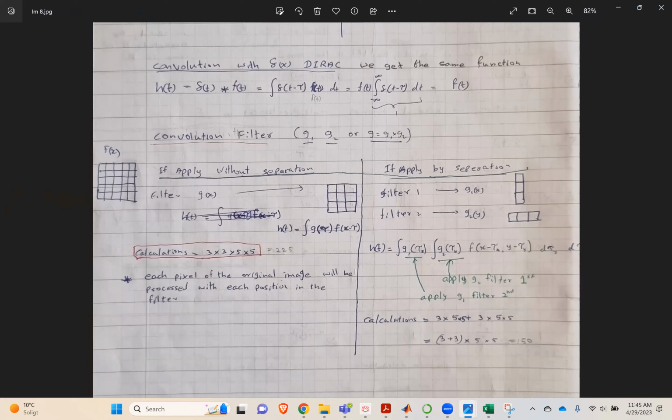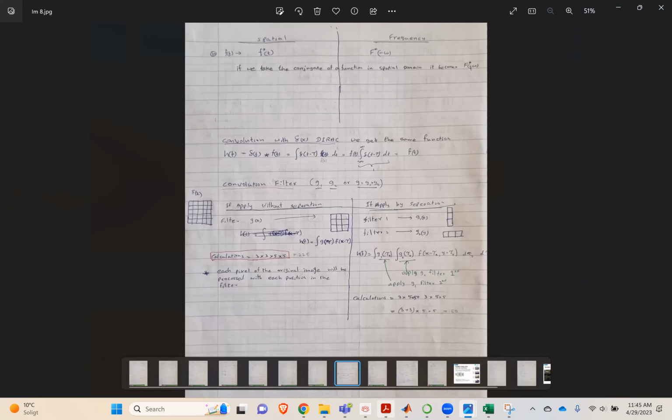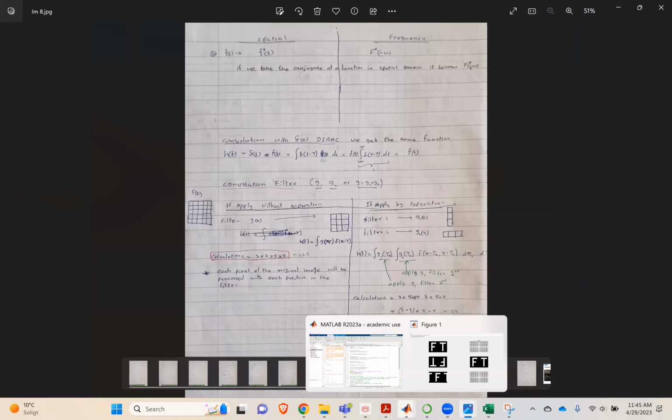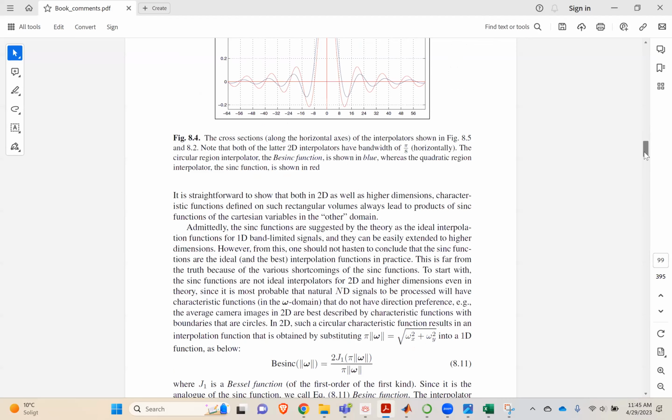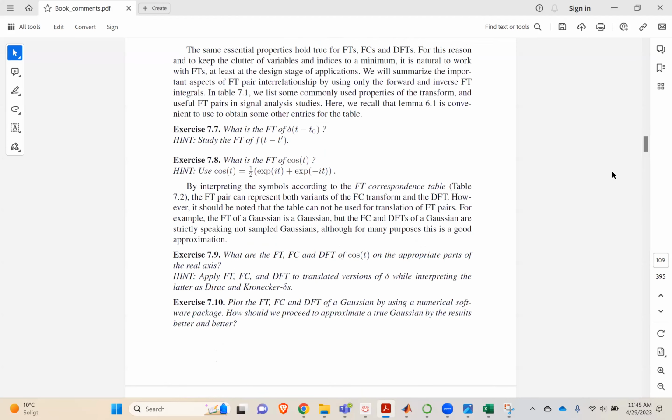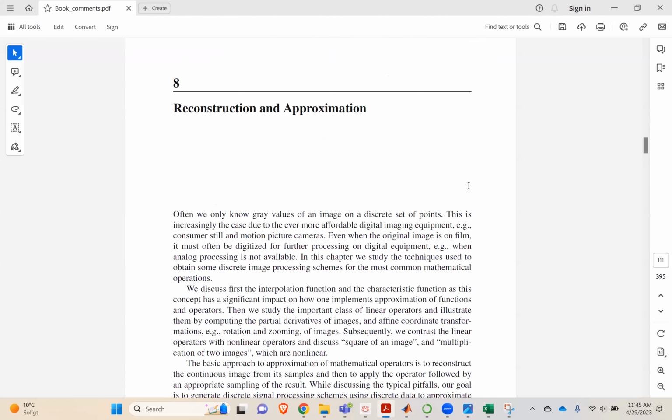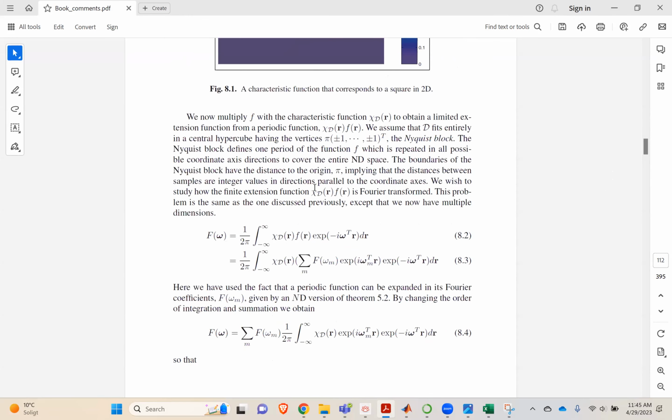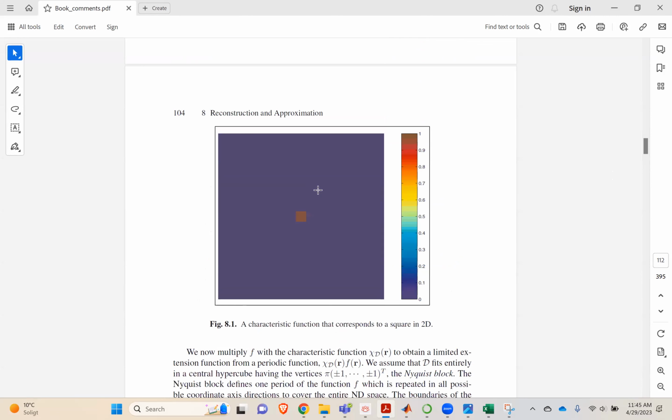Okay, I will just go to the book also. So you guys remember this one? The Fourier of this is a sinc function squared.